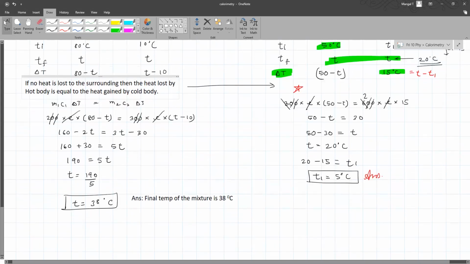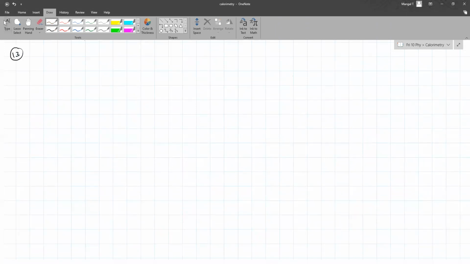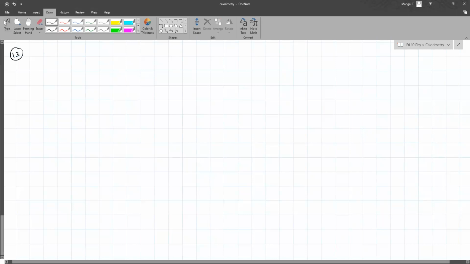Okay, we start the 13th question. Now over here, mass of water is given to be 1 kilogram, and the change in temperature from 25 degrees Celsius, it is taken to boiling point, that is 75 degrees Celsius is the change in temperature.